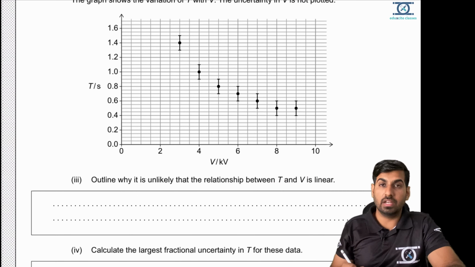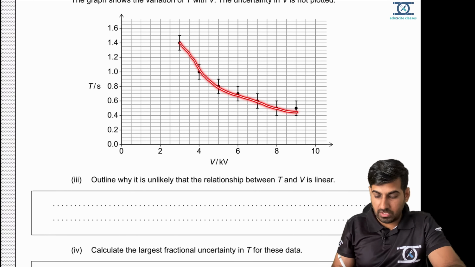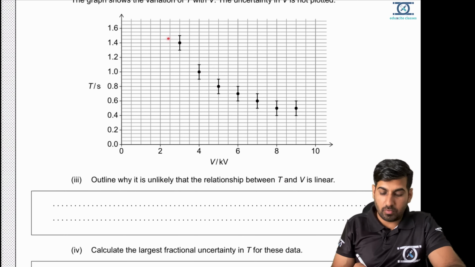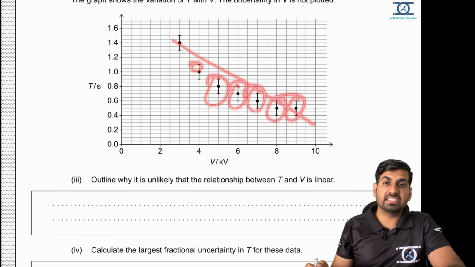Unlikely means it is not linear, because you can see that if I want to join the points, I cannot join them with a straight line. The straight line is not passing through the error bars of the points that are plotted.